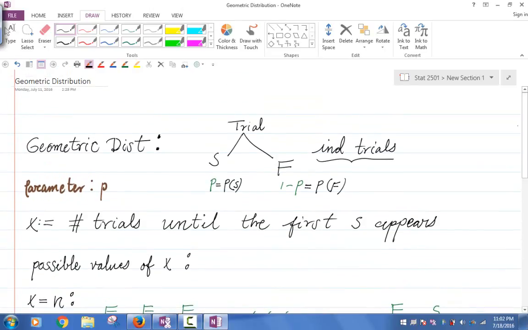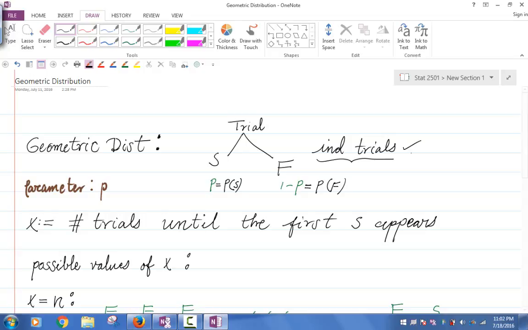In this video, we will describe the geometric distribution that has one parameter p. Consider independent trials, and each trial results in one of two possible outcomes.